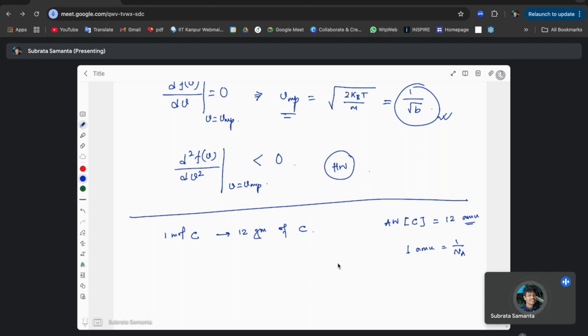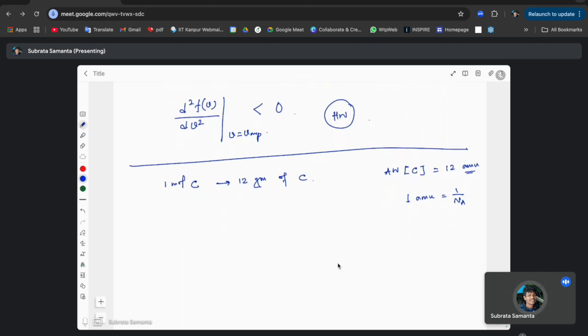So if there is Na number of C carbons, where Na is the Avogadro number, it's basically Na times 12 mu.